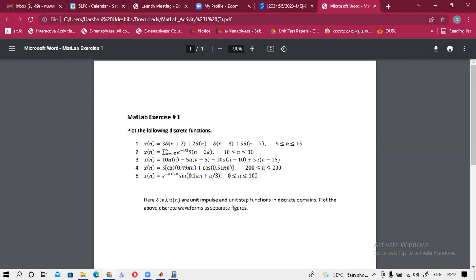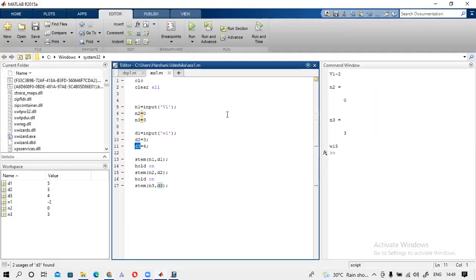You can just search the internet, find out about the for loop, and try to plot this using the for loop. I just plotted it in a direct way, but this is not a good one.